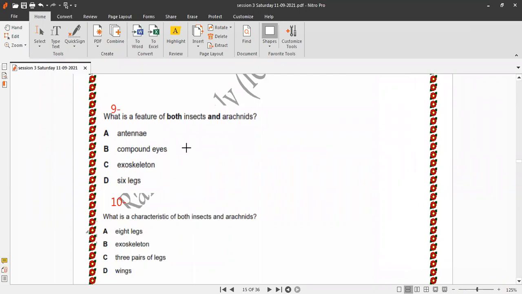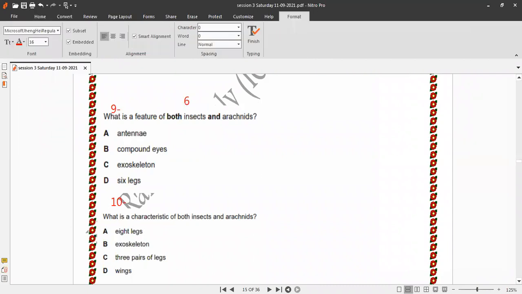What is a feature of both insects and arachnids? D, 6 legs. Let's see D. Insects have 6 legs, but arachnids have 8 legs, so it is not D. C, exoskeleton.